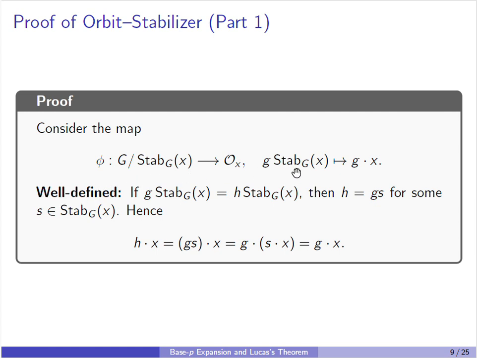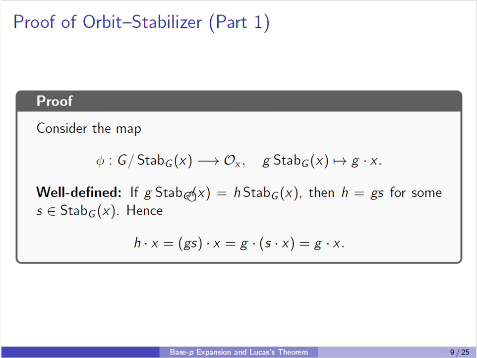Well-defined means that if two cosets are equal, then their images should be equal. So these two cosets being equal means that there is an element s in the stabilizer of x such that h is equal to g times s. That's what it means for these two cosets to be equal.